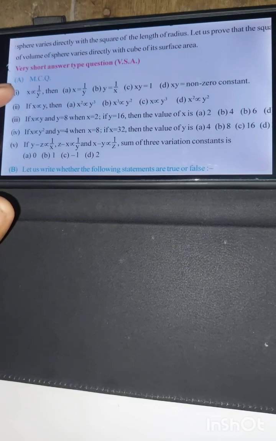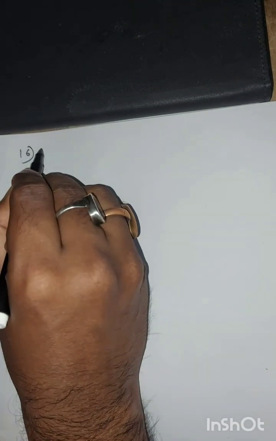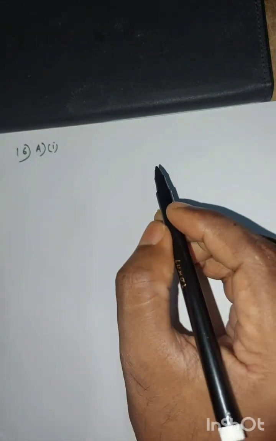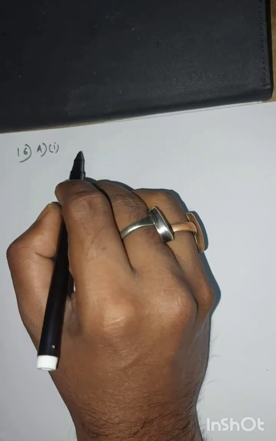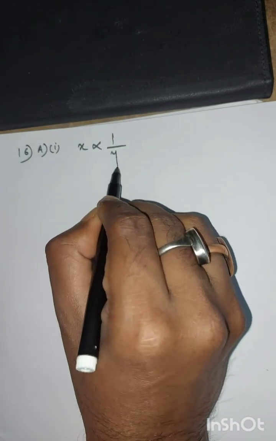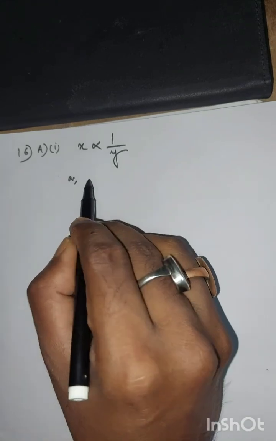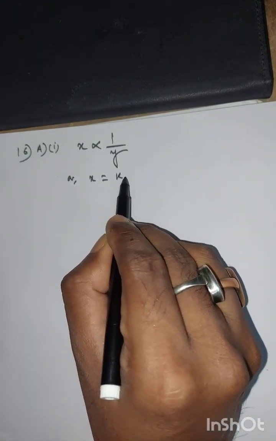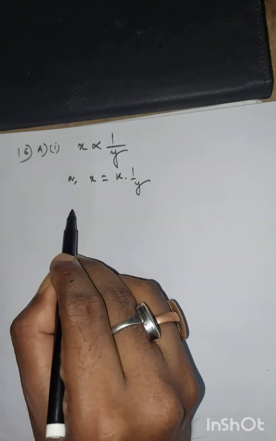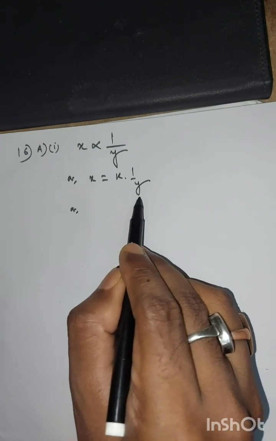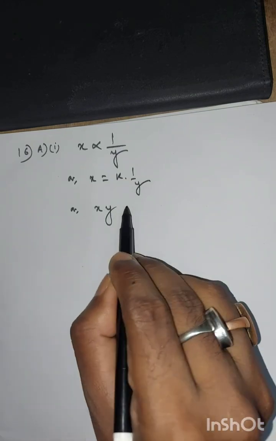So from this relation, if we convert it into an equation, x varies as 1 by y, so we can say x equal to a constant into 1 by y, or if we take this y to the left side, xy equal to k.